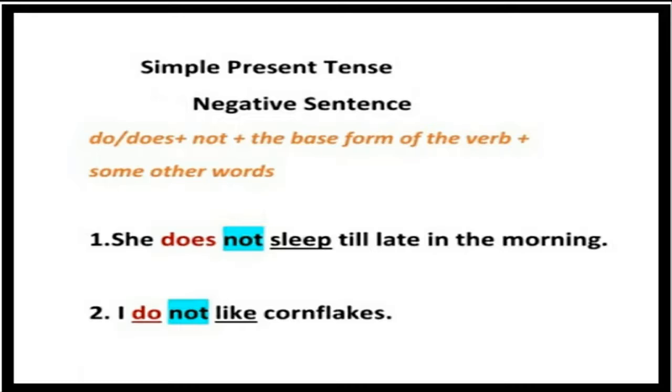In the second sentence, I is the subject, do is the auxiliary verb, not is in negation, then like is your simple present tense, and cornflakes makes the sentence complete, and at the end we have put a punctuation mark known as a full stop. Okay, with this we complete our simple present tense.